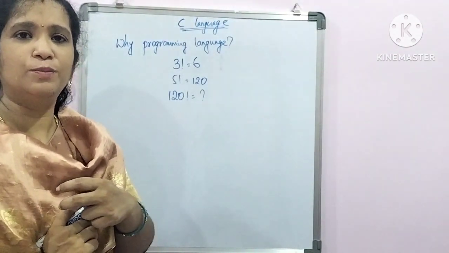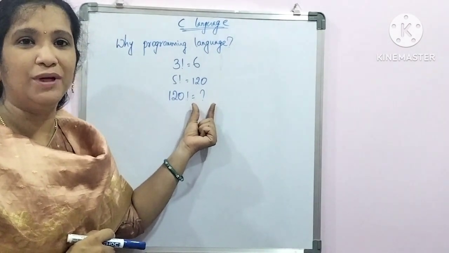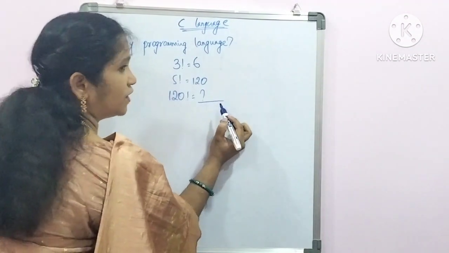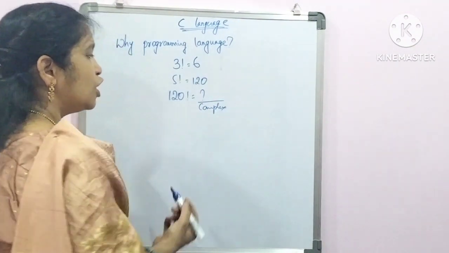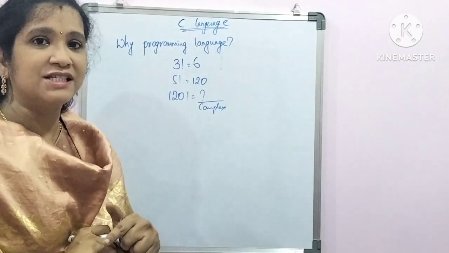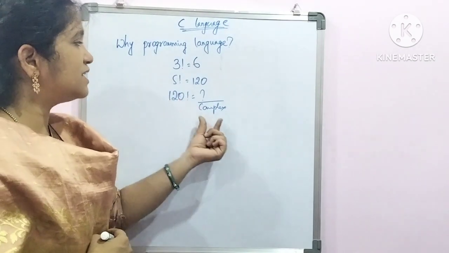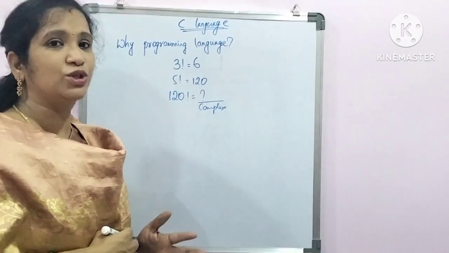It is not possible to tell the value of 120 factorial immediately, because it is very complex and difficult to calculate. These complex tasks are assigned to electronic devices.